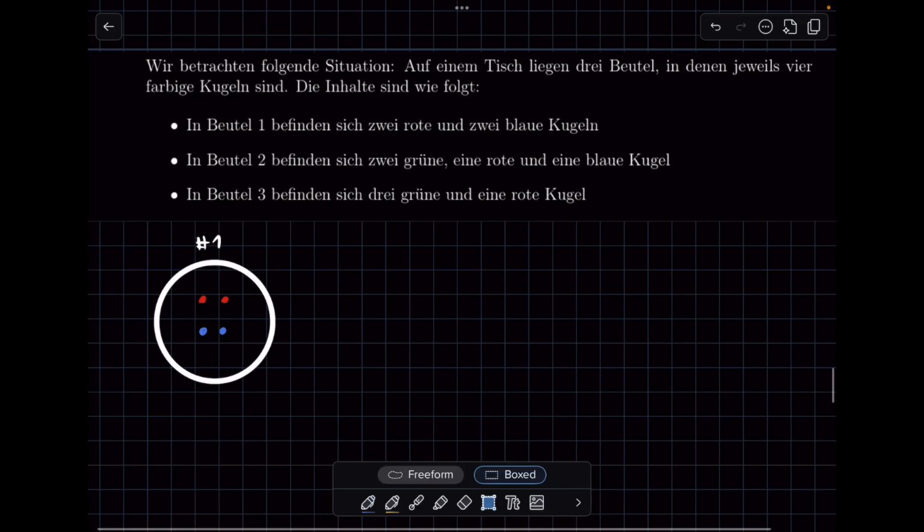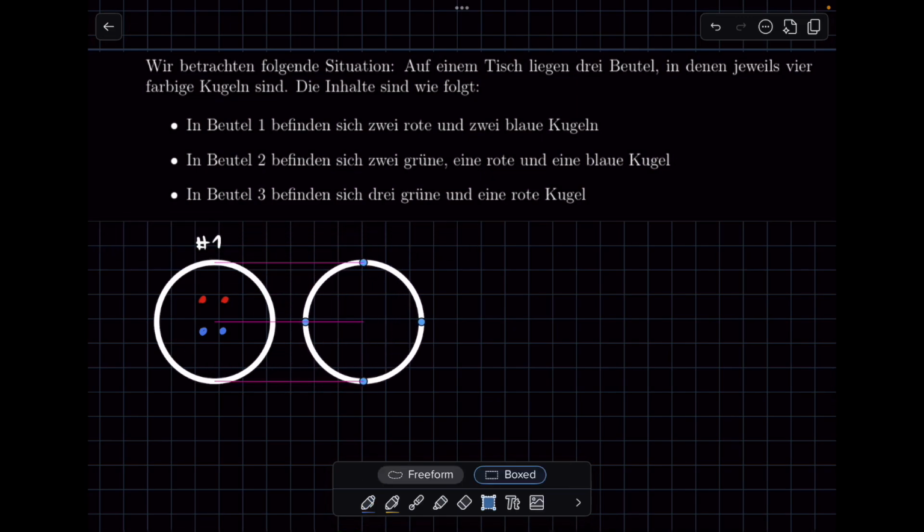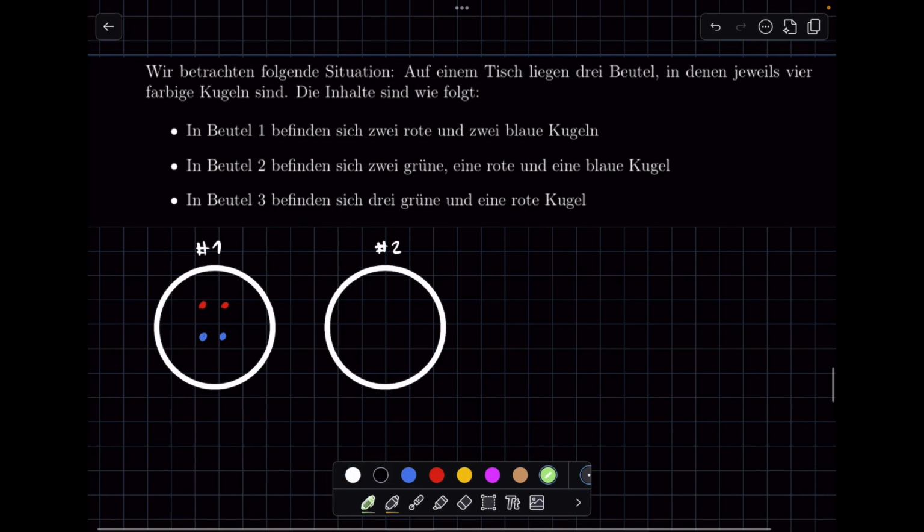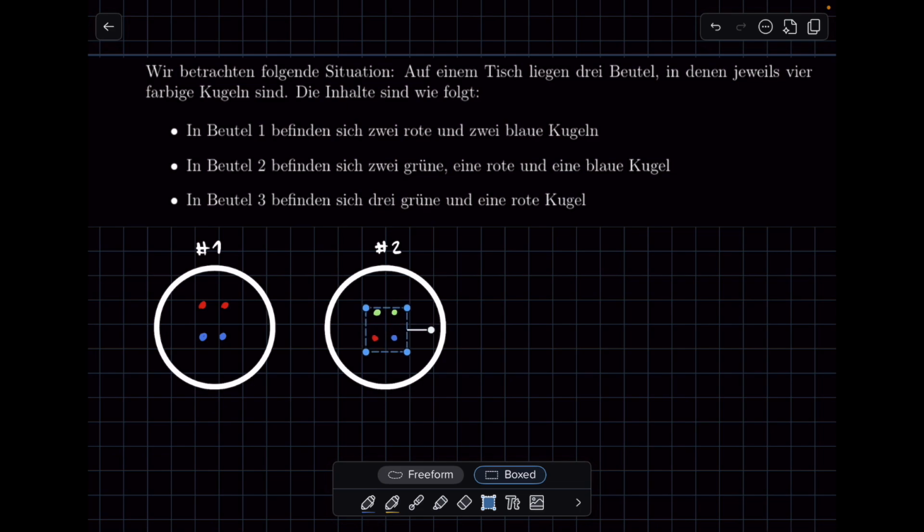In bag number two, just duplicate this, put it over here, perfect. In bag number two, we have two greens, one red, and one blue. That's pretty much it.